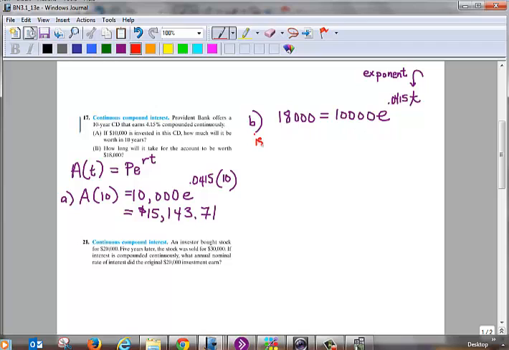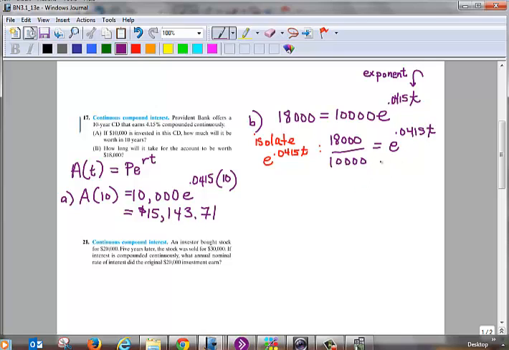So I'm going to isolate e to the power of 0.0415 times t. All right, so the way I'll do that is just to divide both sides by 10,000. So I'll have 18,000 divided by 10,000 equals e to the power of 0.0415 times t.